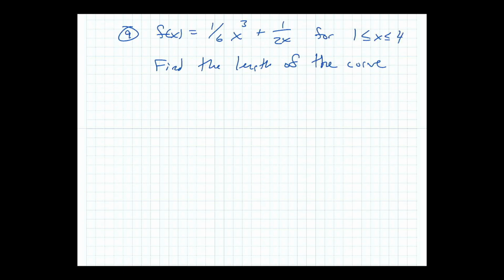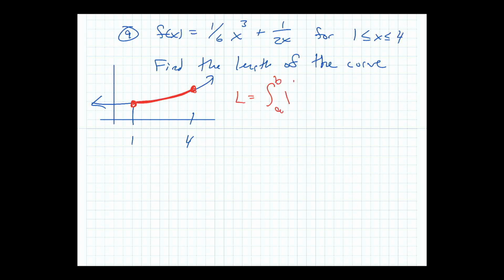Okay, so again, same setup. 1 is somewhere, 4 is somewhere. Your curve is there. We want the section there, and then the length is integral from a to b square root 1 plus f prime of x quantity squared dx.